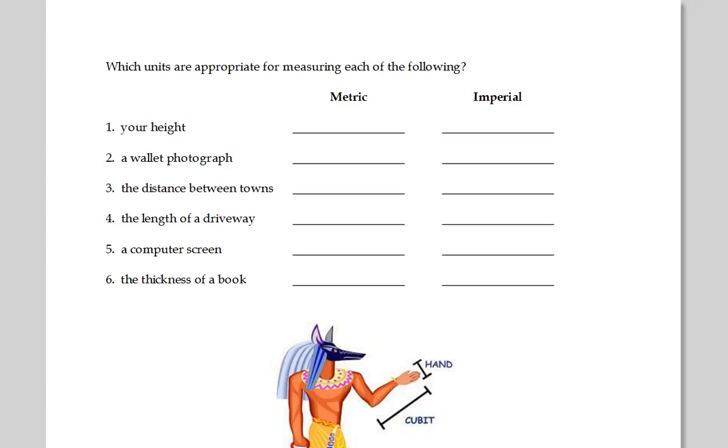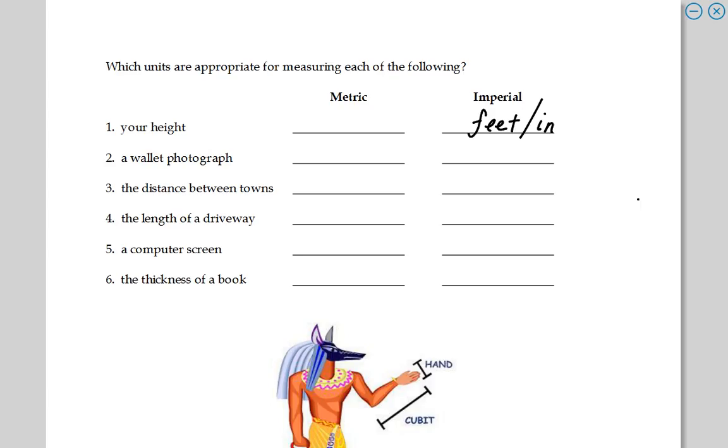So let's talk about some units that you have to be familiar with. Your height, what are you going to use for imperial? Your height, I already mentioned it. Feet. And you would also have some subunits of inch. Like I might be 5 foot 11 inches. What about the photograph that would go in your wallet?